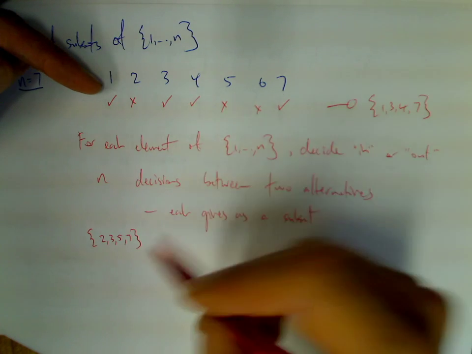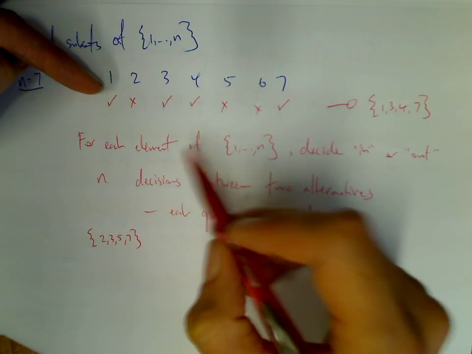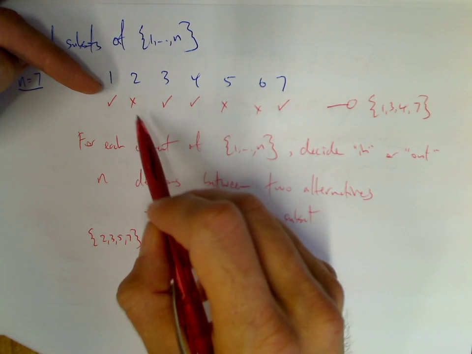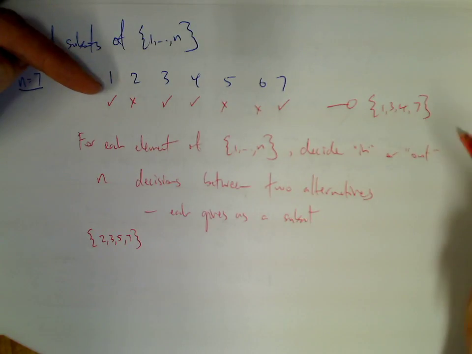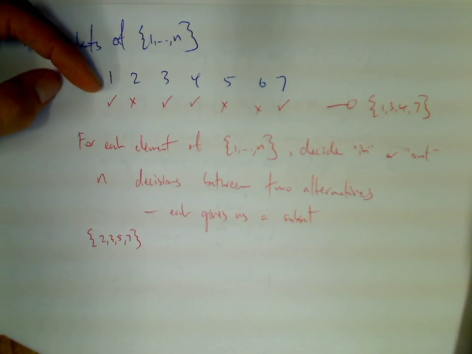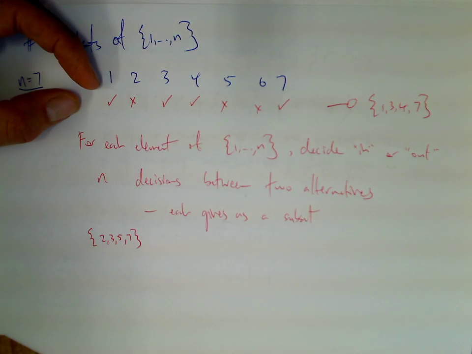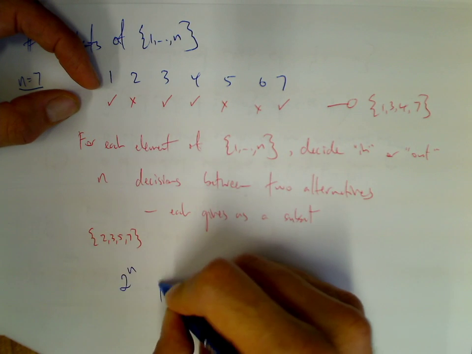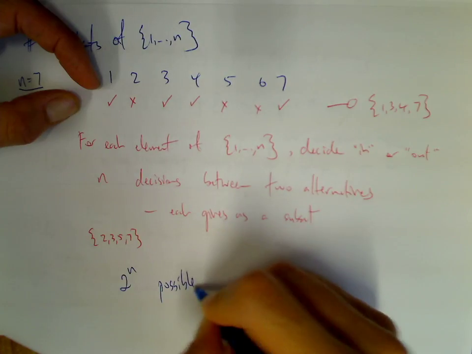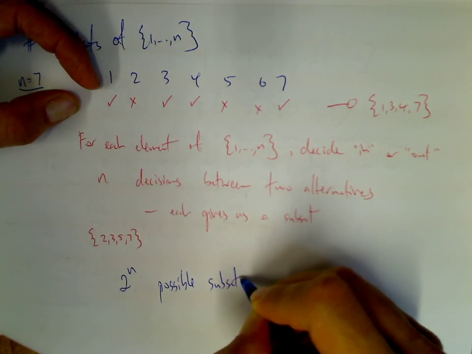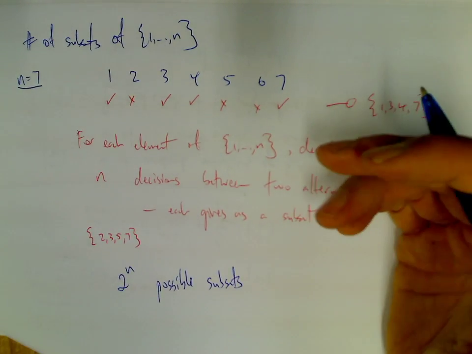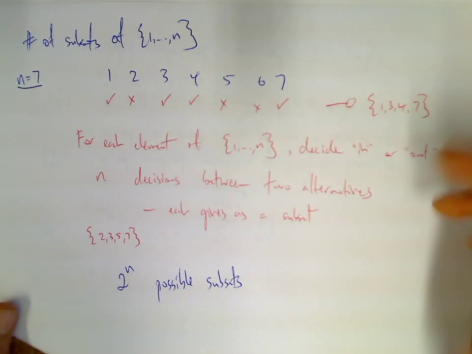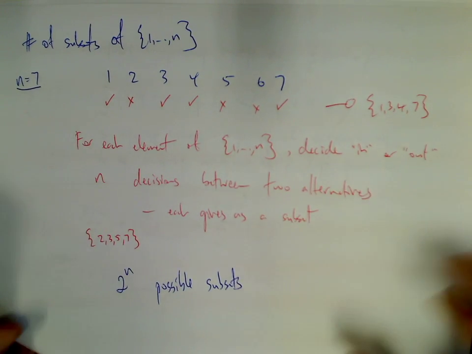So each subset corresponds to one of these series of yes/no choices. Okay, and so by our multiplication principle, we get 2 to the n possible subsets. So we can count the number of subsets of 1 to n just using our multiplication principle.